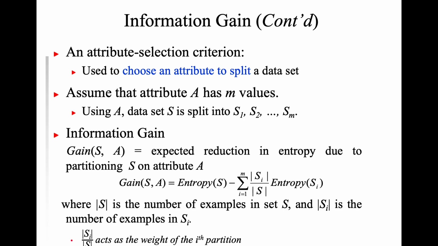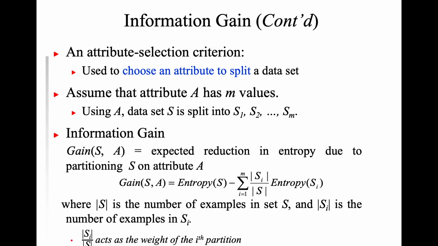So for the information gain to be the highest, what does that mean? What is the relationship with the entropy? The less the entropy, the higher the information gain.